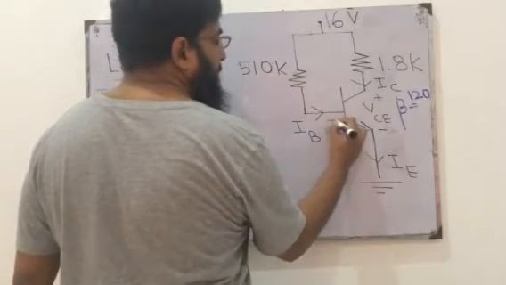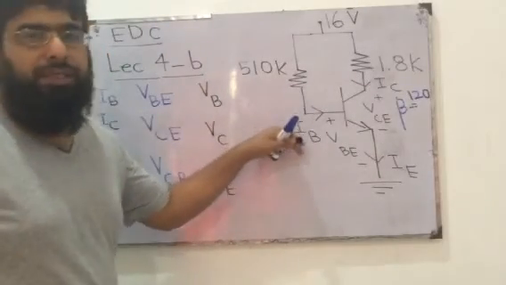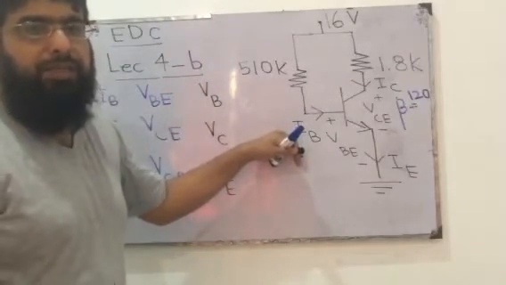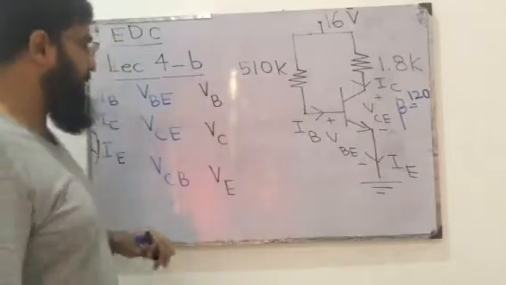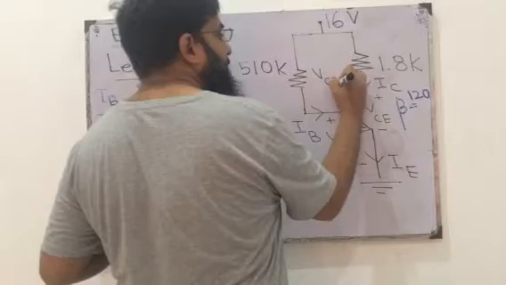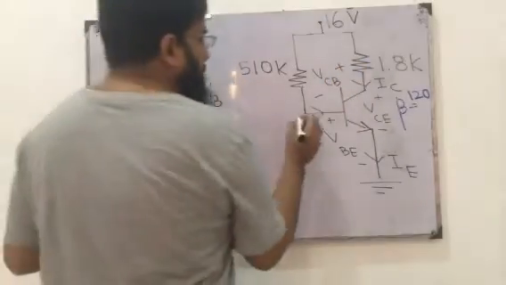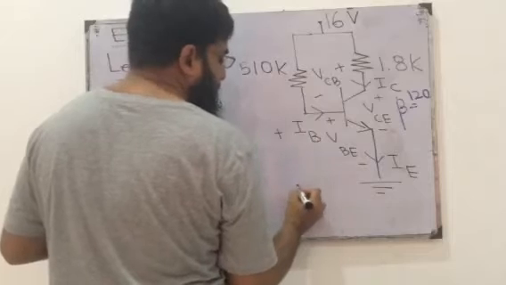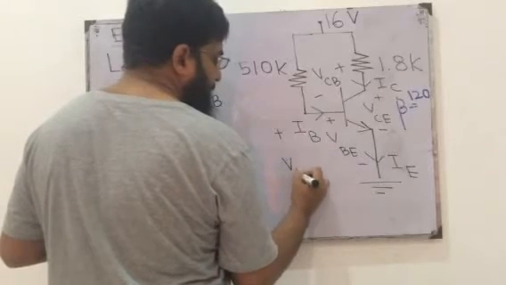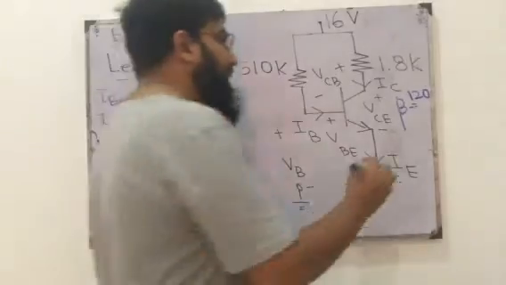This is 0.7 volts if the transistor is silicon and is being operated in amplification mode. VCB is the collector base voltage, the voltage between collector and base. VB is the voltage between the base and the ground. VC is the voltage between collector and the ground.